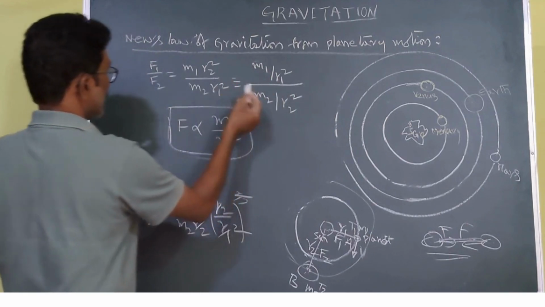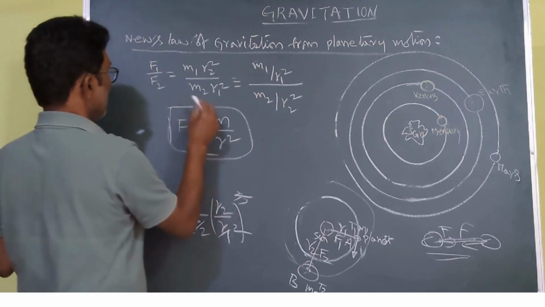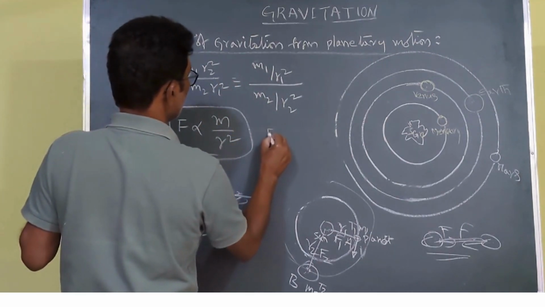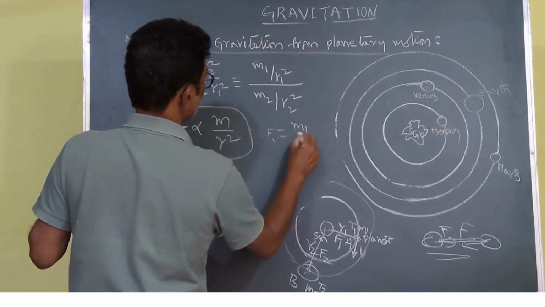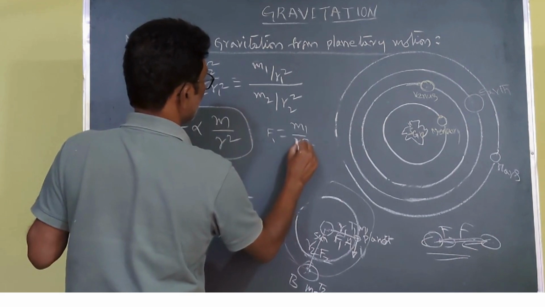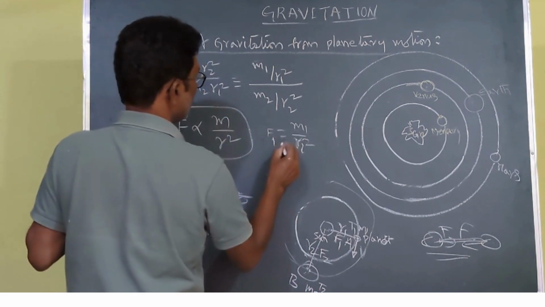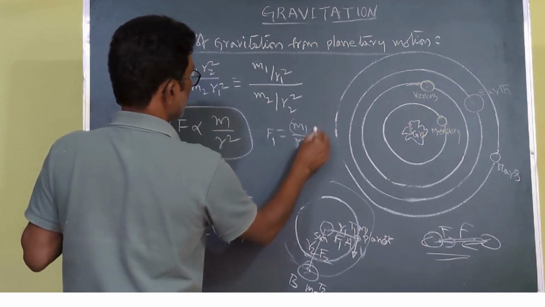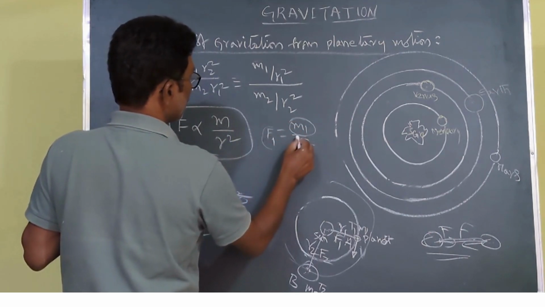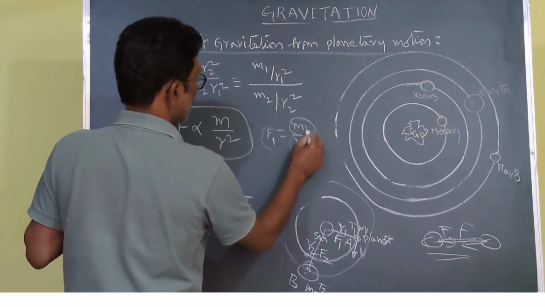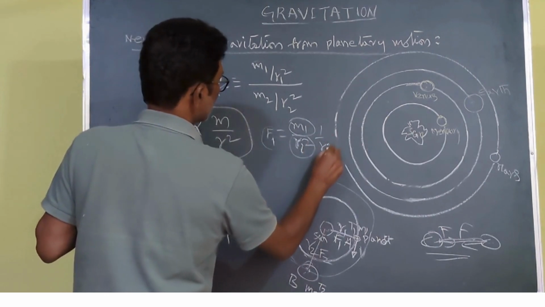From this equation, we can understand that F1 is directly proportional to m1 and inversely proportional to 1 by R1 square.